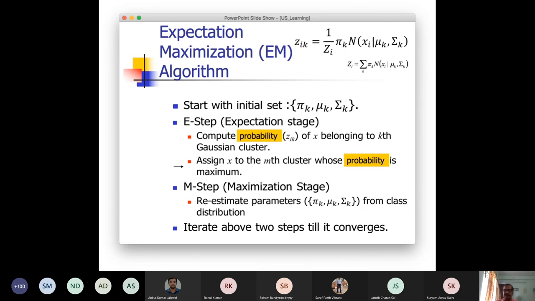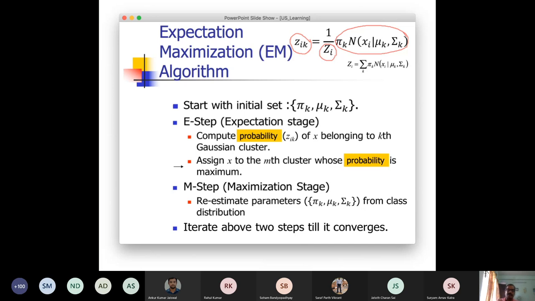So capital Zi is basically a normalizing part. This is the posterior part, as you can see. This is computing the proportional value of the class posterior, or cluster posterior, of the kth value given i. And for computing the joint probability of i and k, you have to normalize it, basically. You are normalizing the posterior. So that is x belonging to the kth Gaussian cluster. This part: assign x to the mth cluster whose probability is maximum.